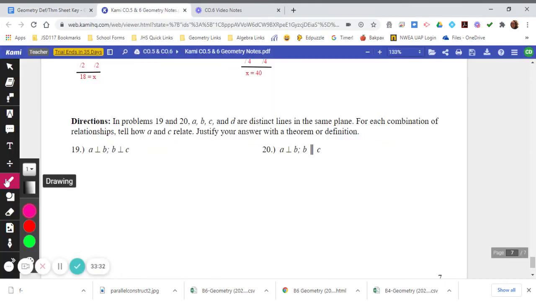Now, my suggestion, almost a demand, is that you actually draw these to get an idea of this relationship, because it's just, man, are these hard if you don't. So I'm going to go ahead and draw line A perpendicular to line B. So I'm going to draw line A and draw a line B, and I want them to be perpendicular.